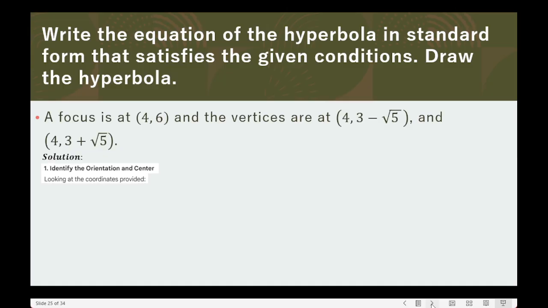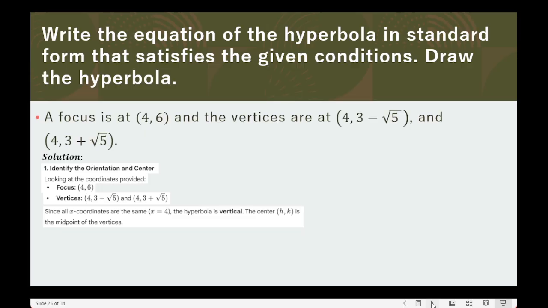Looking at the coordinates provided, the focus is at (4, 6). The vertices are at (4, 3 minus square root of 5) and (4, 3 plus square root of 5). Since all x coordinates are the same, which is equal to 4, the hyperbola is vertical. The center (h, k) is the midpoint of the vertices.